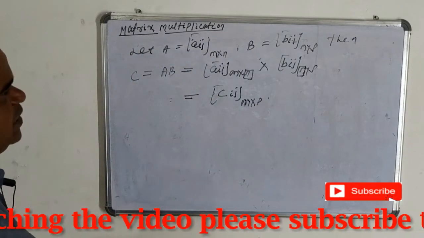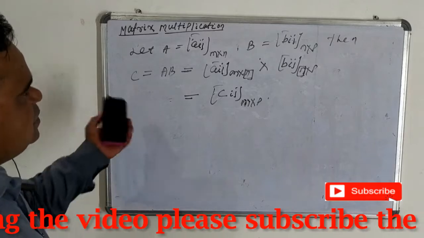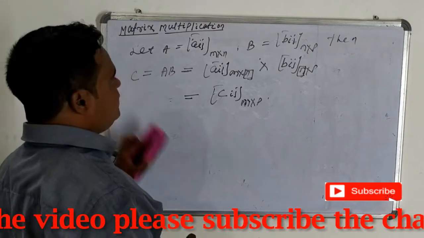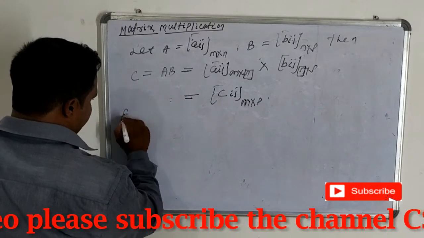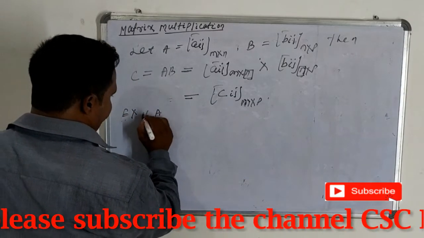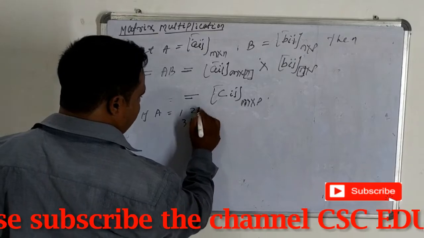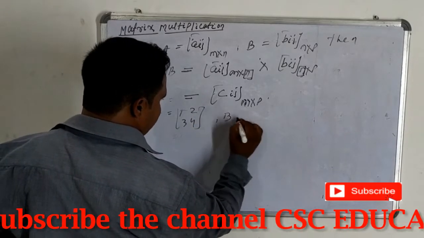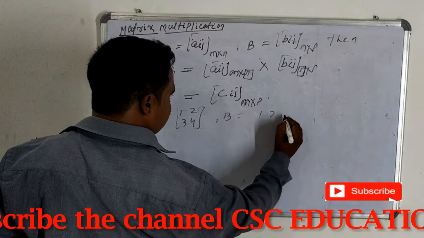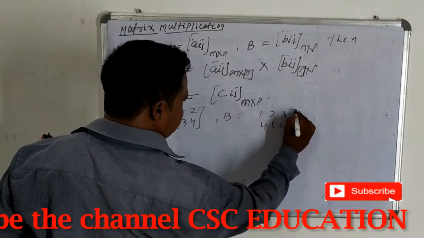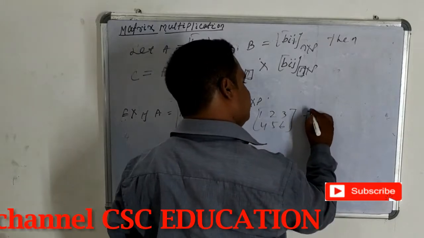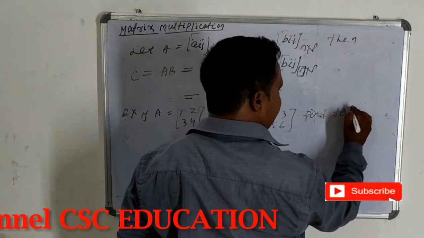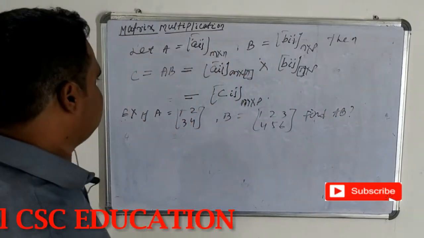I am giving you examples, so solve this type of questions. Okay, here is one example. If A equals the matrix 1, 2, 3, 4 and B is the matrix 1, 2, 3, 4, 5, 6, then find A multiplied by B. Is it possible or not?